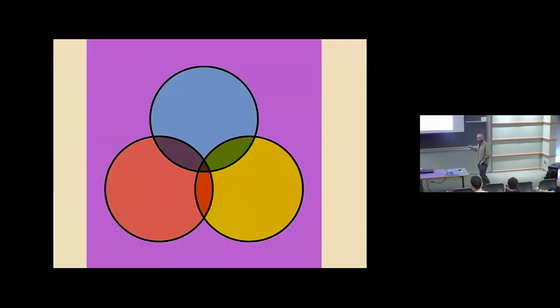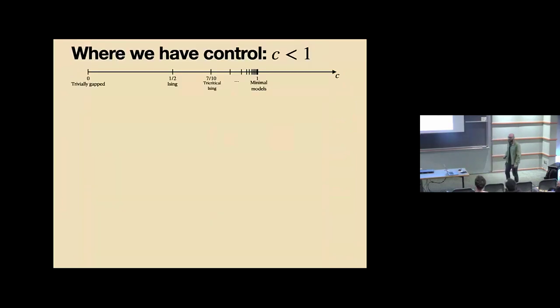Okay, so I obligatorily must flash this picture again. Let me gesture at the two motivating questions. How do we find all the symmetries, and how do we classify all the theories in a setting where we have pretty good control over them?